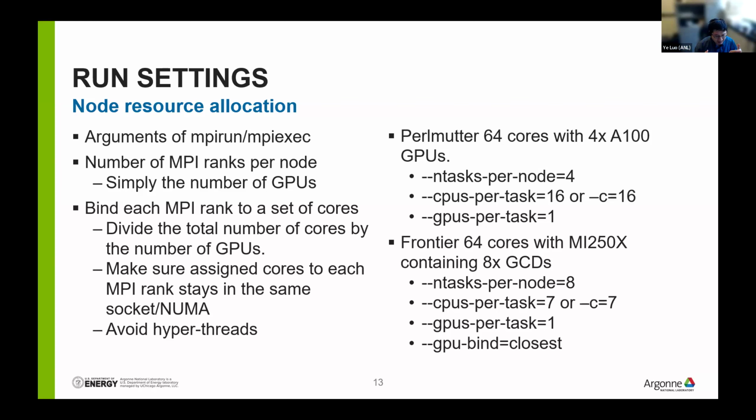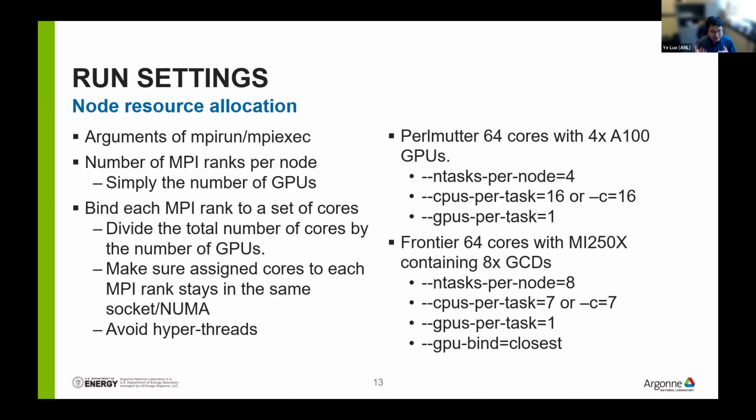Lastly, people were wondering about hyperthreads. I would say just don't use them. If you're just getting on a new machine, just don't use them. Most of the time it's not going to be relevant, because on most GPU machines, we found that we have even more CPU cores than actually needed to keep the GPU busy.